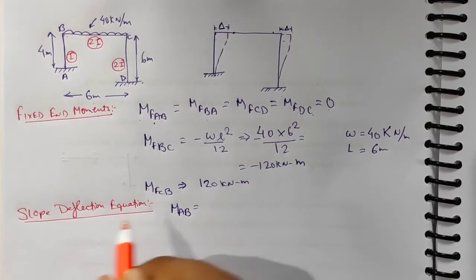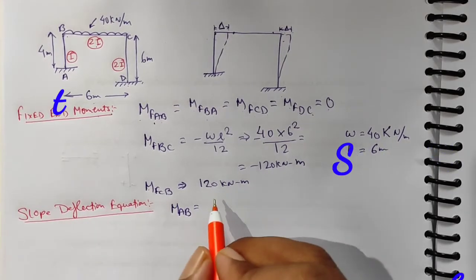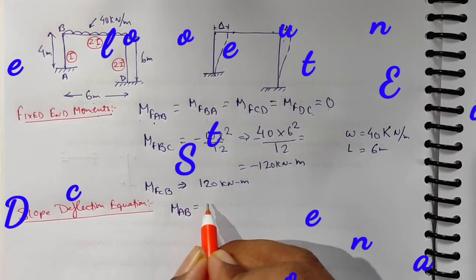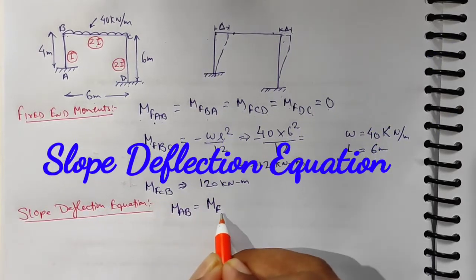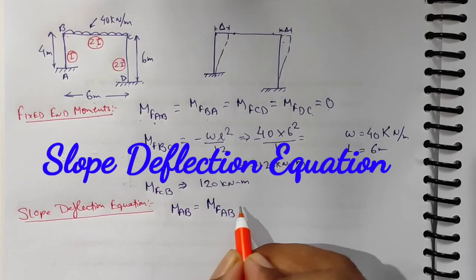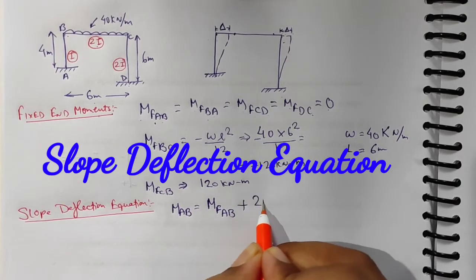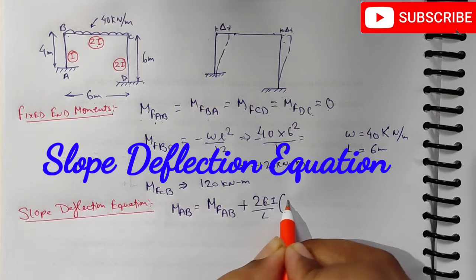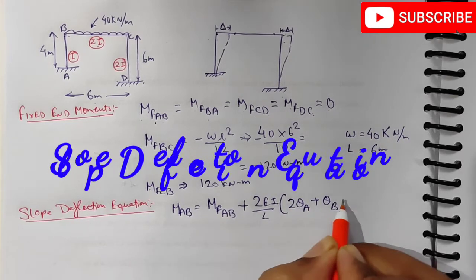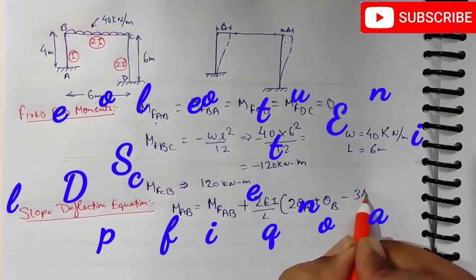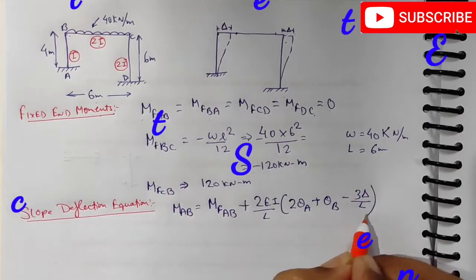Initially we will write the formula for the slope deflection equation as we have previously solved: MAB is equal to the fixed end moment at AB plus 2EI upon L multiplied by 2 theta A plus theta B minus 3 del upon L.